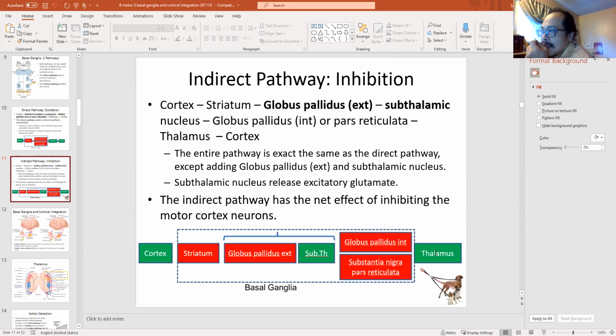So this gives the idea that any thoughts, any idea from the cortex, if it passes through this indirect pathway, we basically put a leash on our puppy. So our puppy has thought, right? Our puppy sees the world and they want to run around, and that's very much in our brain. Like kids, right? If they are in the classroom, they will run around. You don't want to stop, right?